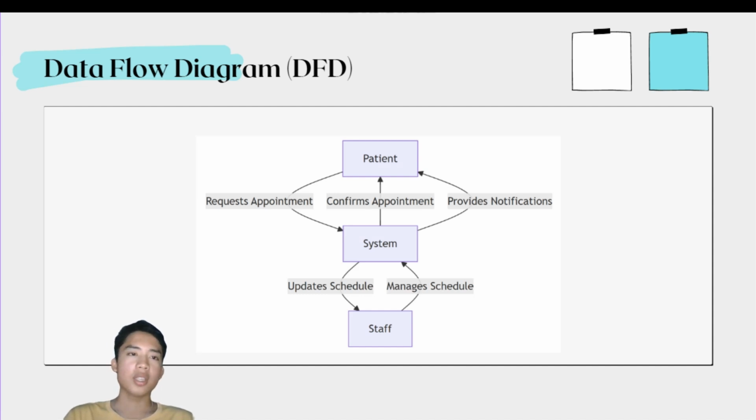So as you can see, this is the data flow diagram or the DFD. In this picture, we have the patient, system, and staff. This is the flow of the system: the system will provide notification for the patient, and the patient requests an appointment from the system. And also the system updates the schedule from the staff, and the staff also manages the schedule from the system.